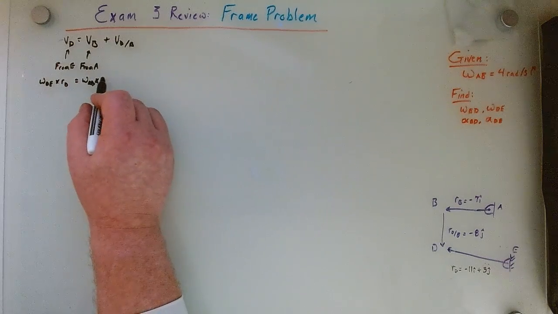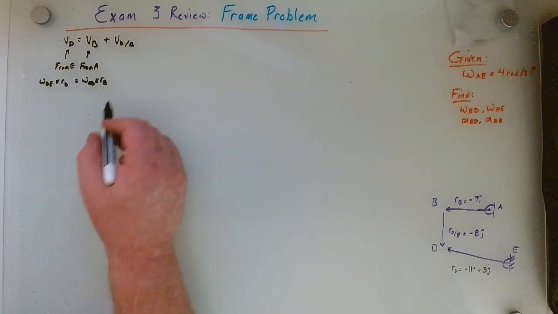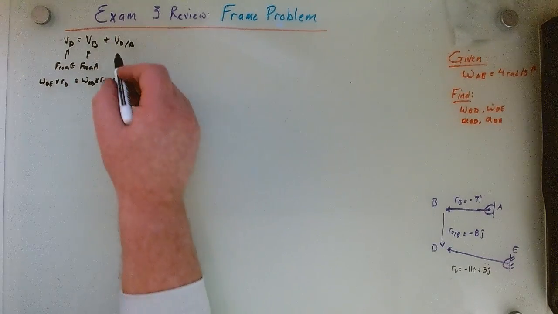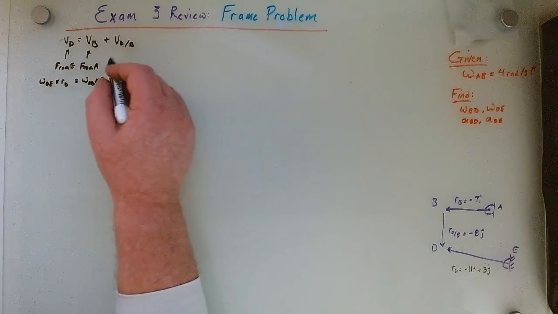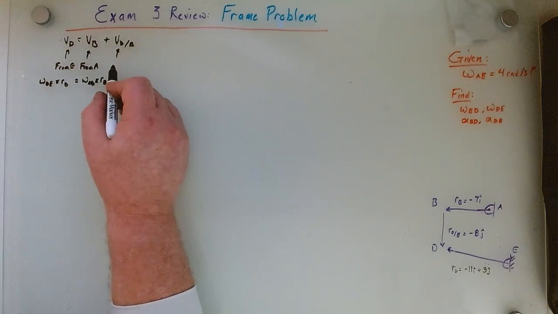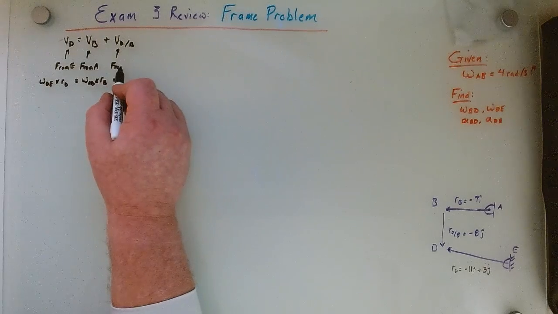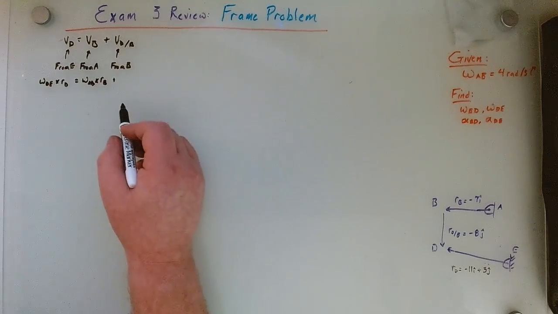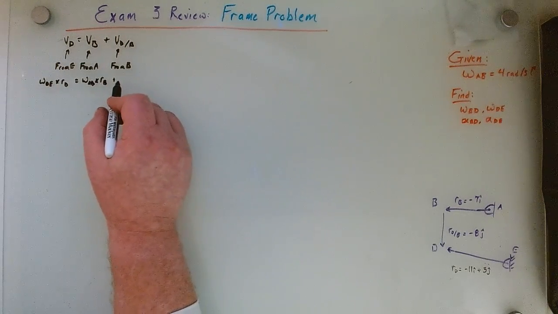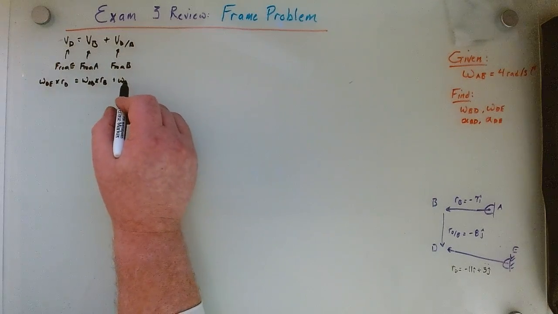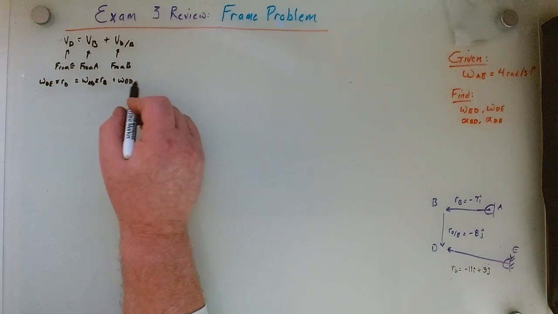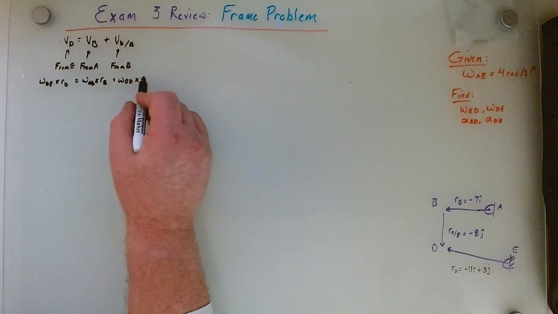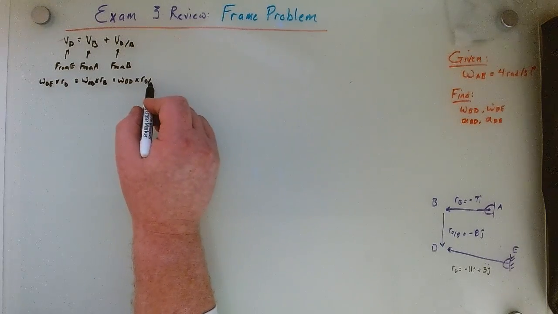crossed with RB, plus this is, obviously, from B. And what is that? That is omega BD crossed with RDB.